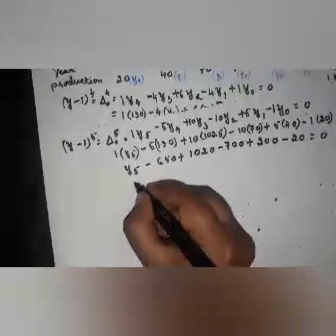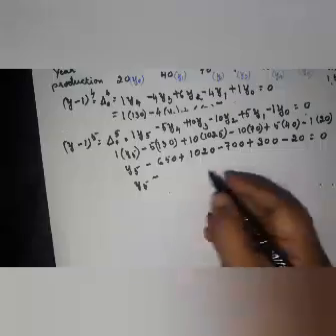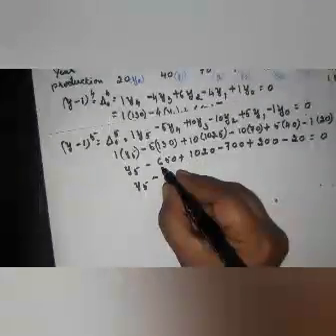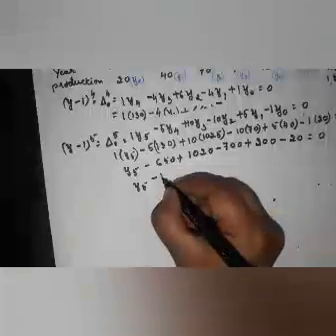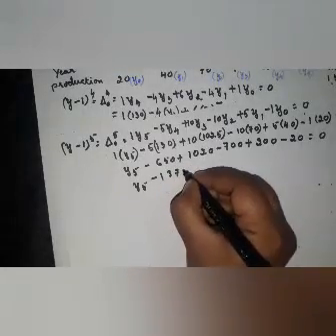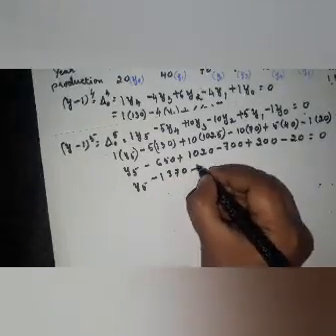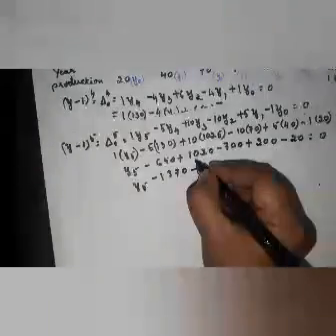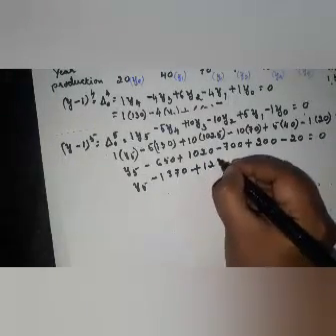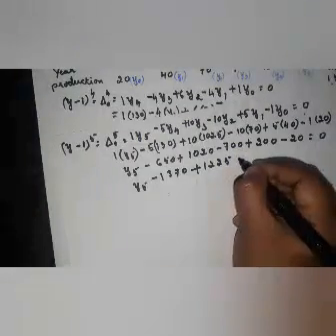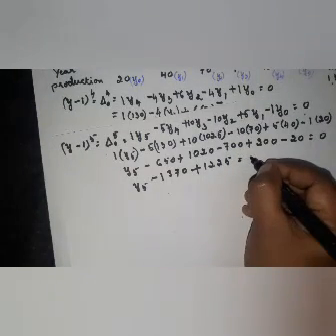Next, for y5, add all the positive and all the negative values separately. The negative values are minus 650, minus 700 and minus 20, that is minus 1370, plus the positive values 1025 and 200, that is 1225, is equal to 0.